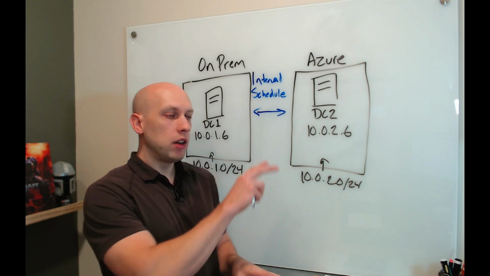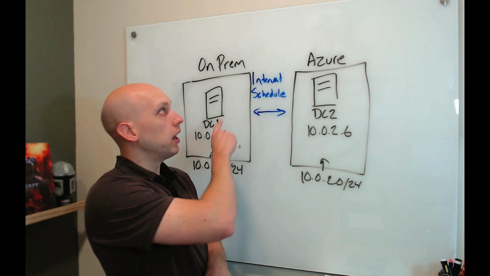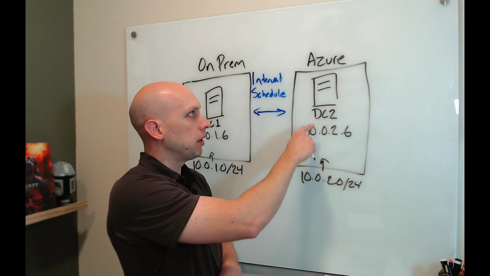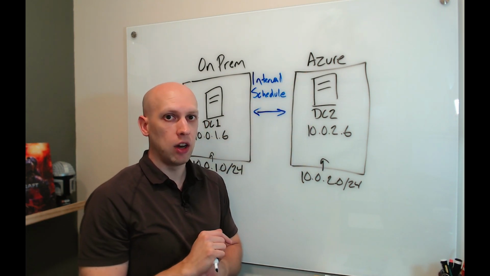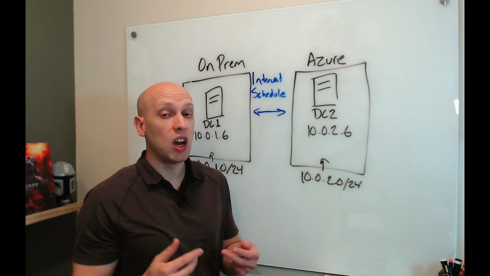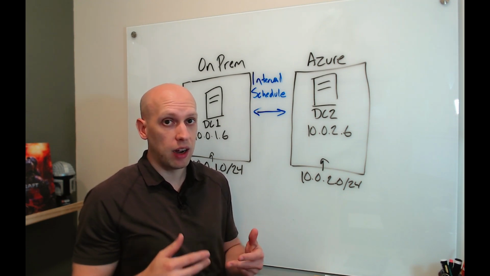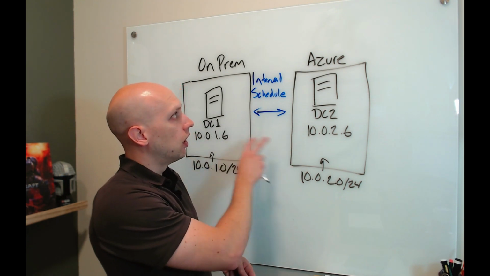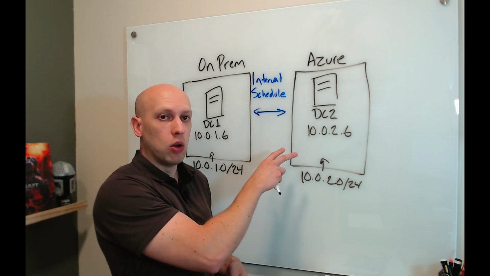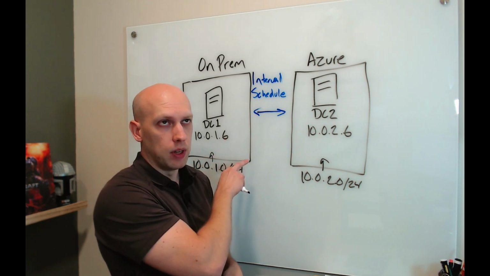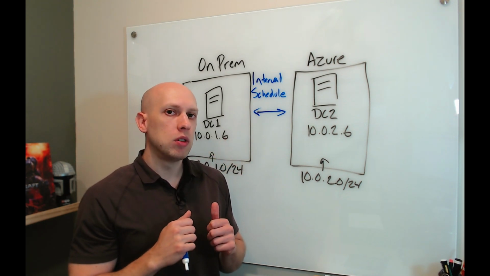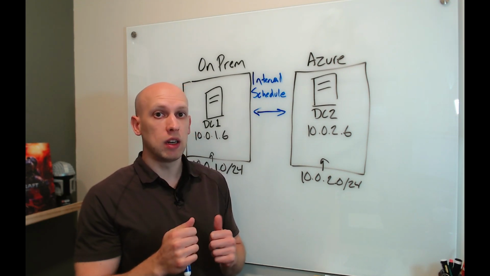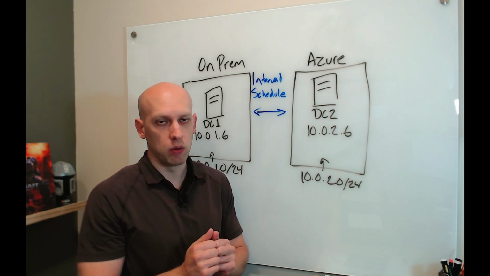So if I create a user in my on-prem site, the interval is how long it takes for that user to be copied to my DCs in Azure. By default, the interval is 180 minutes. That's 3 hours of time. So not really usable if you're just talking about a cloud environment that should be a pretty close representation of on-prem. I believe the lowest you can set this interval is 15 minutes, but there's a way around that. So we will get to that in the lab environment, and I will show you how to work with that.